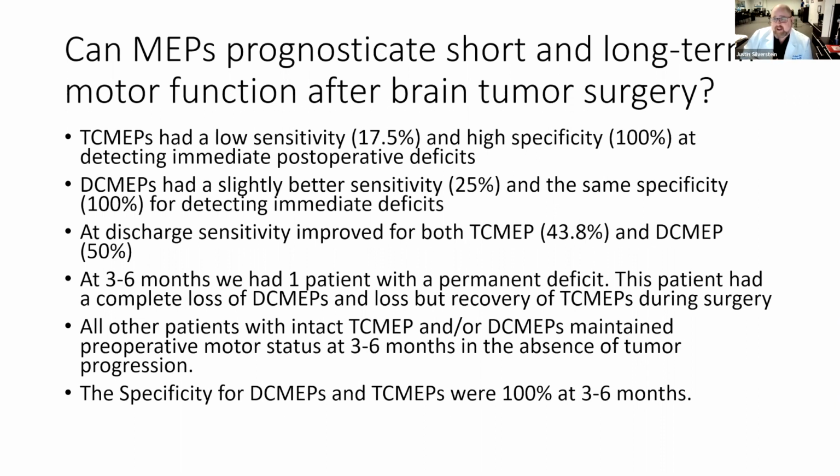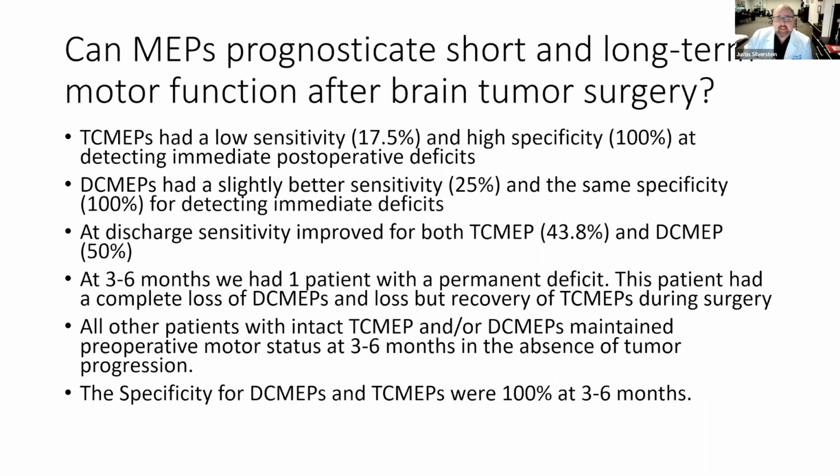So in the immediate post-op phase, transcranial motor potentials have a low sensitivity and a high specificity, 17.5% sensitivity and 100% specificity. Now, direct cortical motors had slightly better sensitivity at 25%, but that wasn't statistically significant, and the same specificity at 100% detecting immediate deficits. At discharge, both transcranial motors and direct cortical motors improved, 43.8% and 50% respectively.